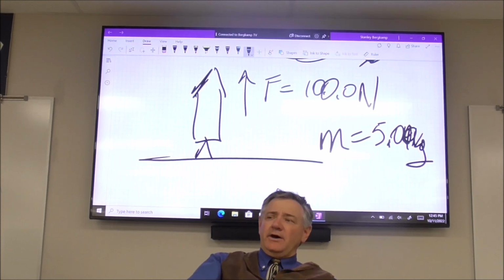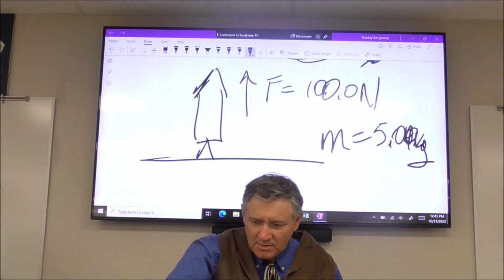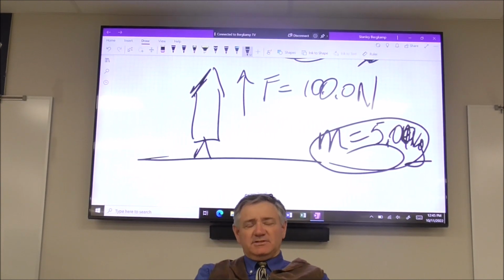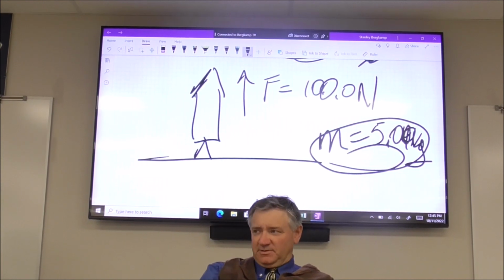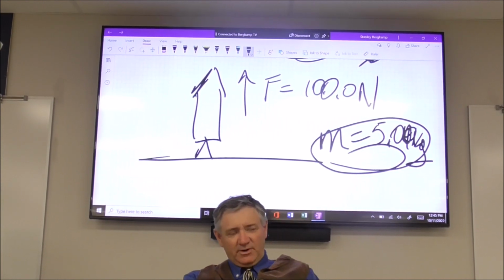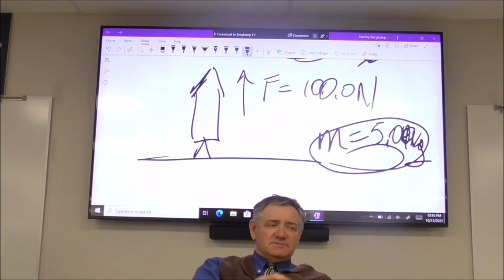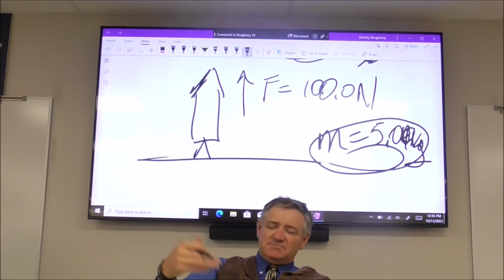The force of the engine is 100 newtons, the mass of the rocket is 5 kilograms, and I'm going to ask you to calculate the acceleration. This problem is going to be at the bottom of the front page. I will even tell you exactly where this problem is going to be. It will actually involve the Starship Enterprise. Don't worry about it. 100 newton force, mass of 5 kilograms.